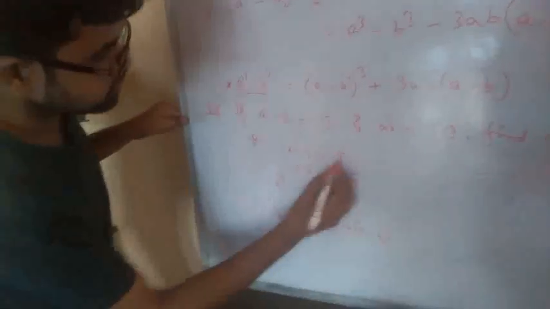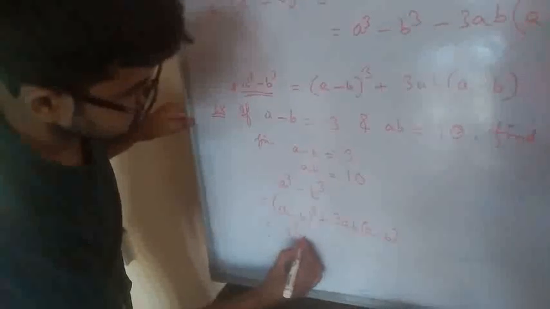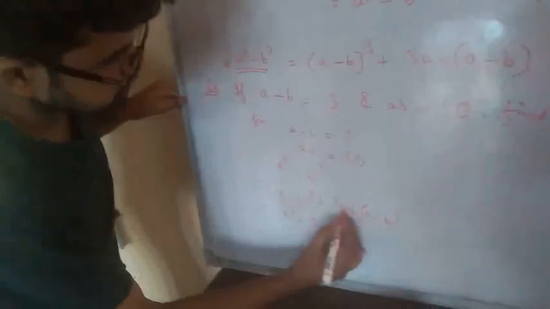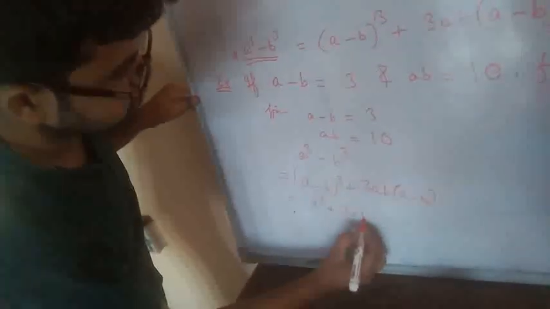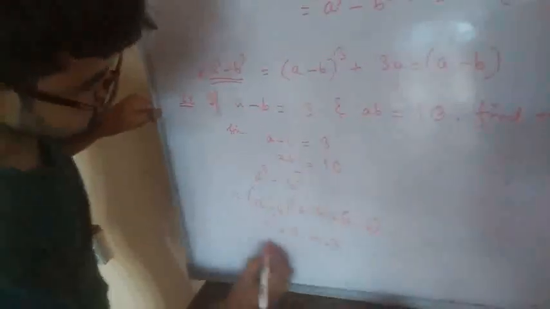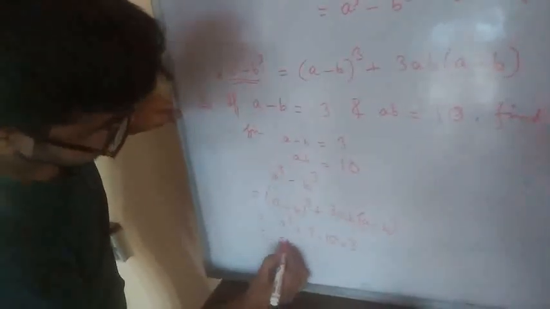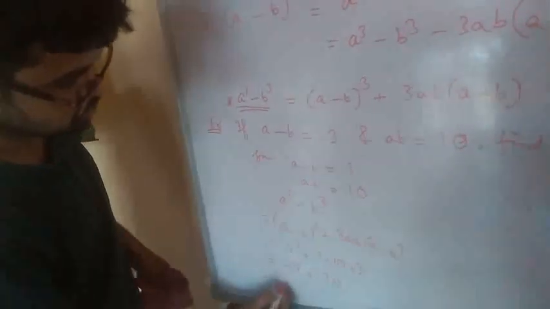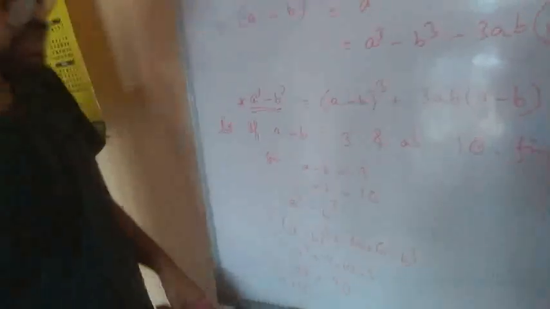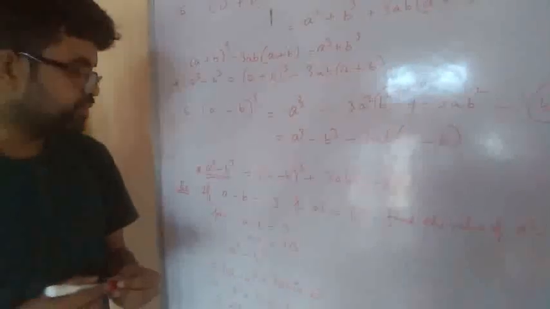So a minus b means 3, ab means 10, and a minus b means 3. 3 cube is 27, this one is 3 times 3 is 9, 9 into 10 is 90. So that is equal to 117. So hope you have understood these formulas.